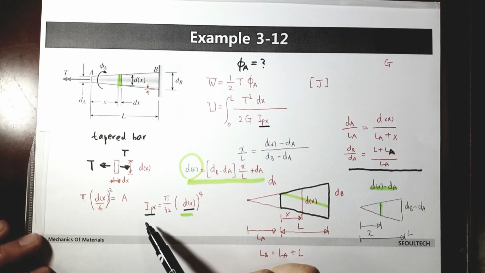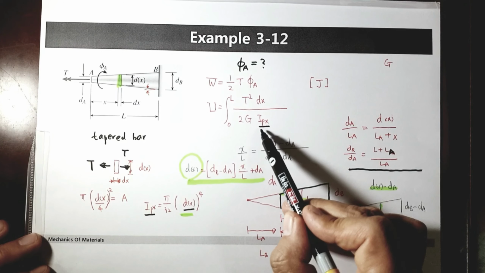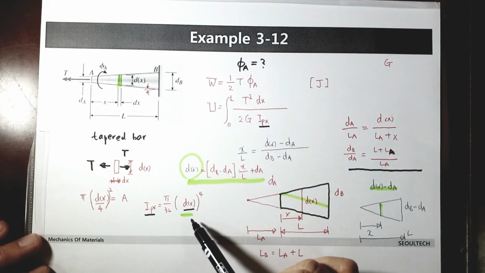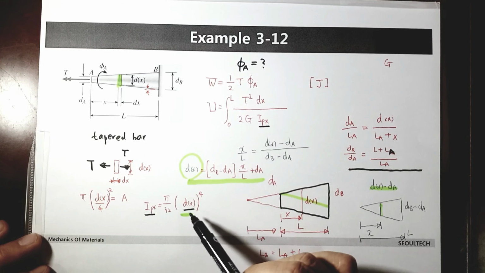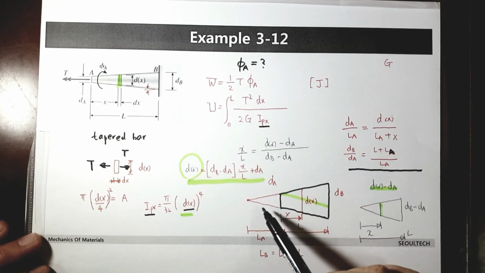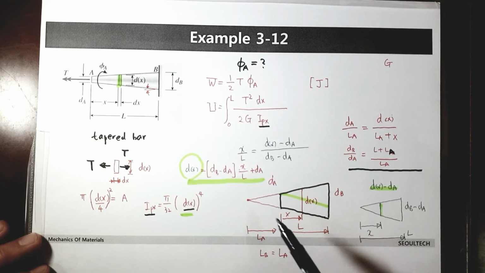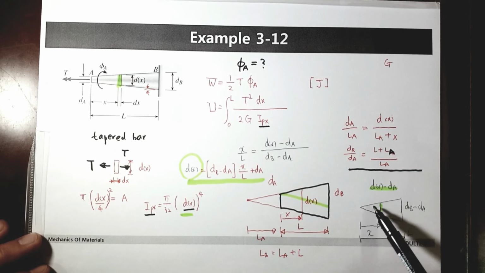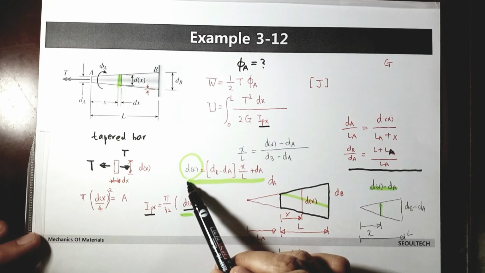Then IPx, the polar moment of inertia at this point, is required, and here dx is unknown. Then we have some relationship between triangles, and we draw a line here. When you apply the similarity relationship between the small and large triangles, you can find the dx value.